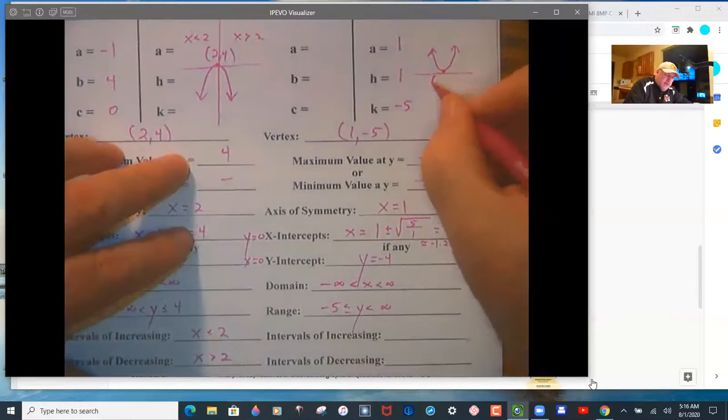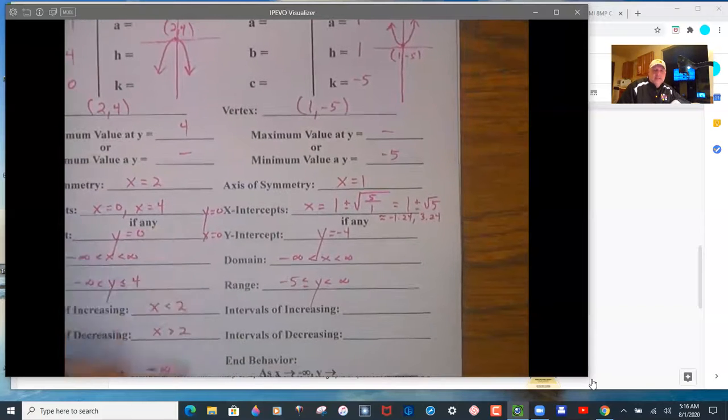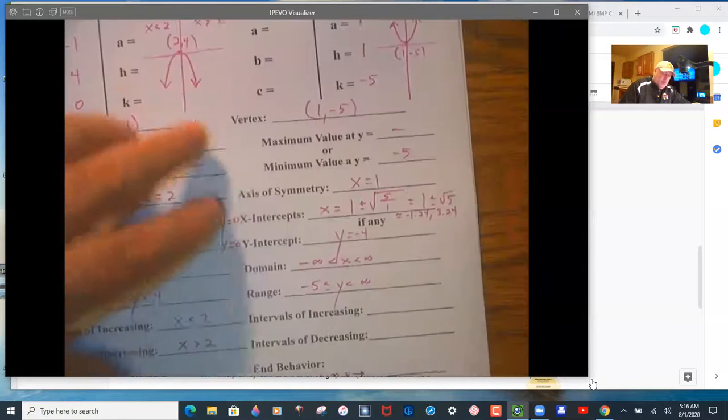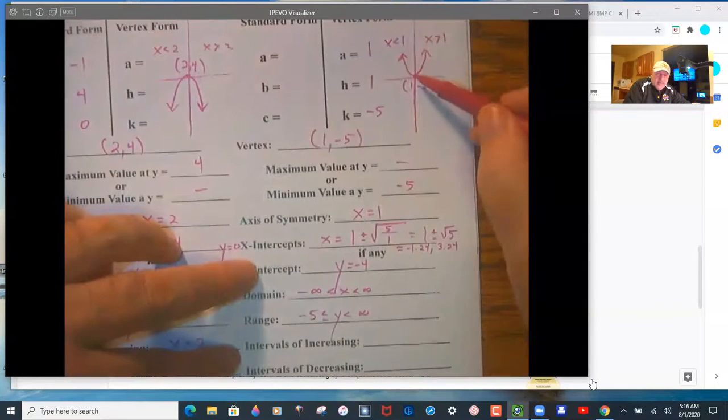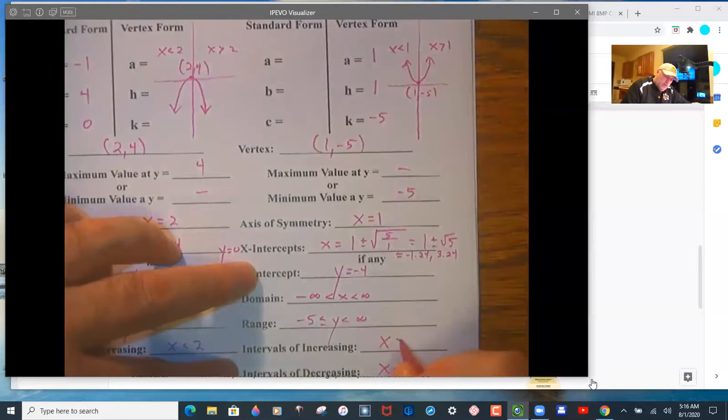This is 1, -5. And then intervals of increasing and decreasing, put your axis of symmetry in. So this is less than 1 and greater than 1. So less, as I trace left to right, less than 1, I'm decreasing. Greater than 1, I'm increasing.